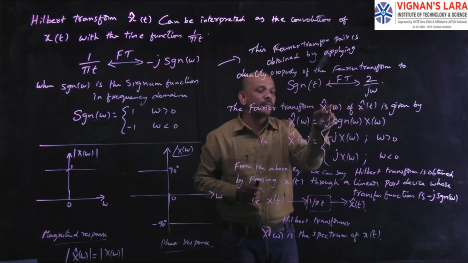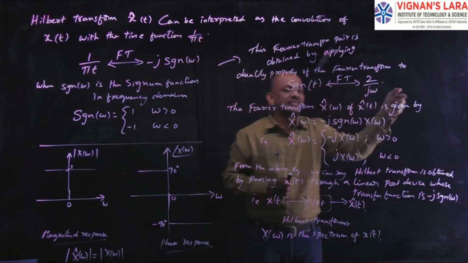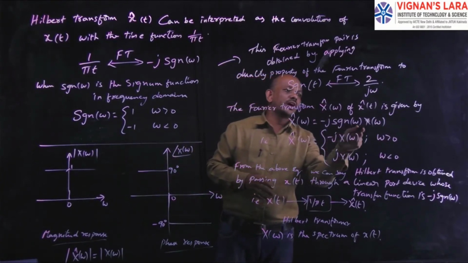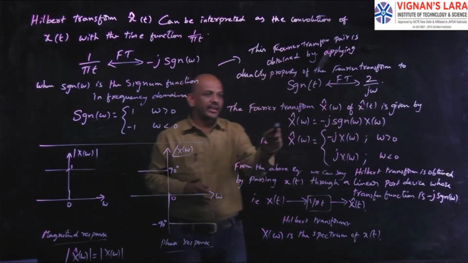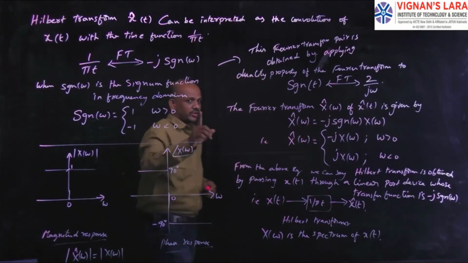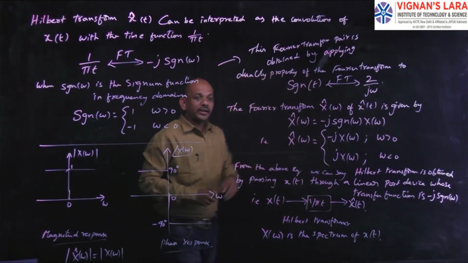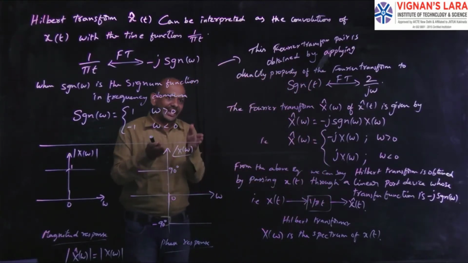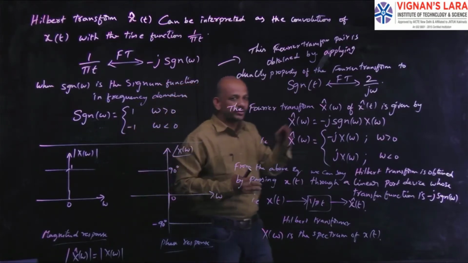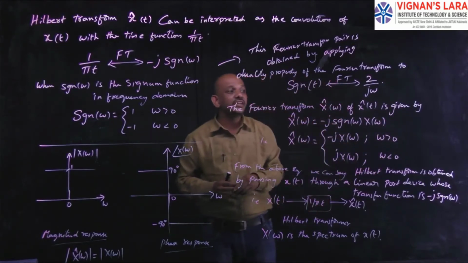That value will be equal to minus j sgn of omega into X of omega. So X cap of omega equals minus j sgn of omega into X of omega. I said here the convolution of two signals in time domain is transferred to the multiplication of the Fourier transforms in frequency domain.